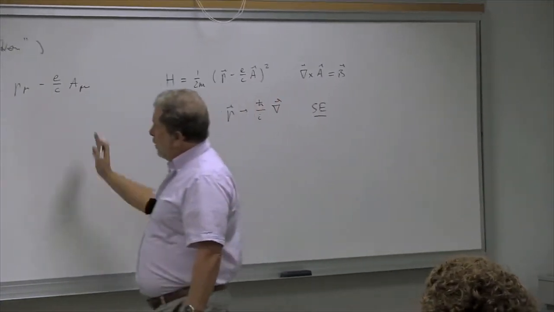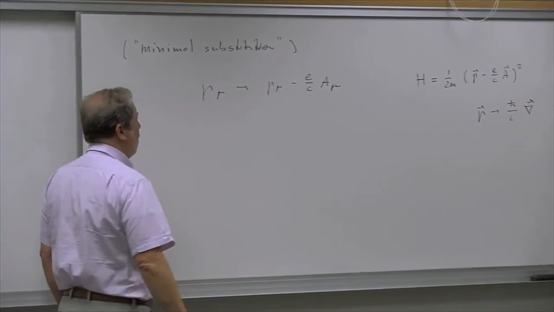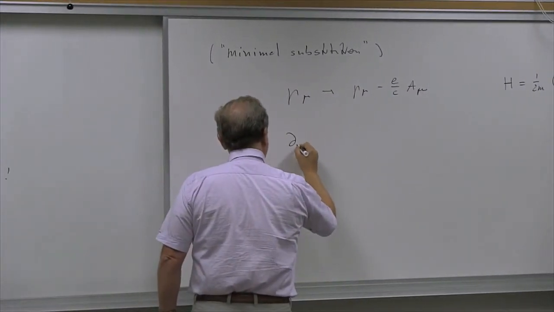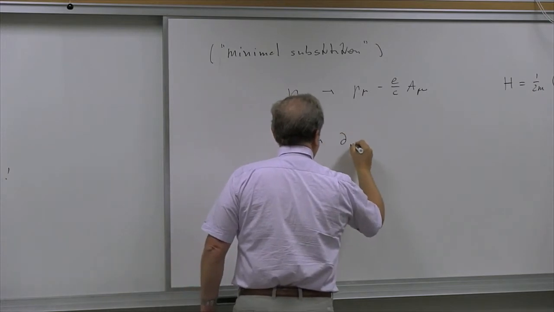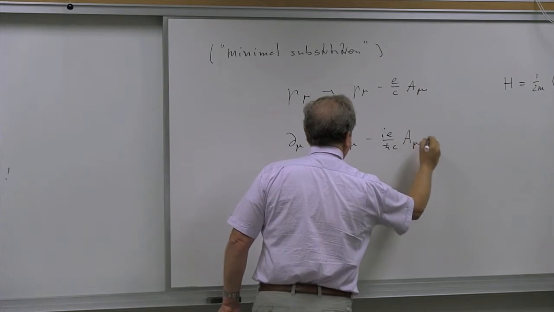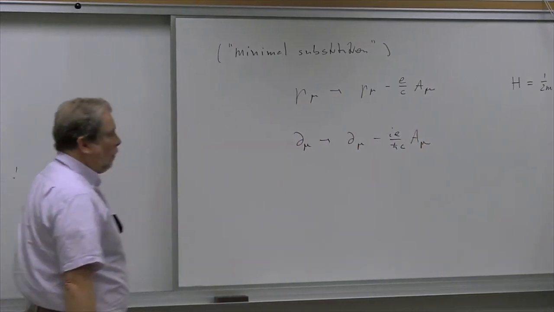So, when we talk about the P as being a derivative, this corresponds to the replacement of d mu going into d mu minus i E over h bar C times A mu, right?